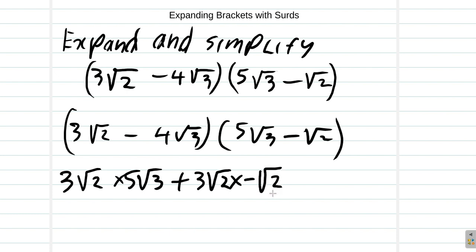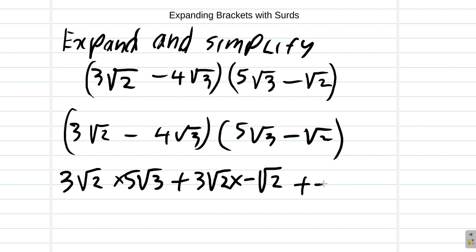See that? So it's this times this, plus this times this, plus this times this, plus this times this. Now we dealt with this by this, and we dealt with this times this. Let's deal with this times this now.